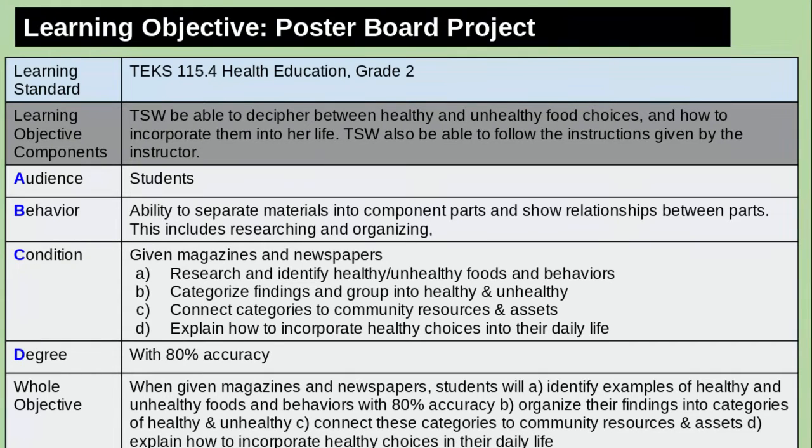The whole objective: when given magazines and newspapers, students will A, identify examples of healthy and unhealthy foods and behaviors with 80% accuracy. B, organize their findings into categories of healthy and unhealthy. C, connect those categories to community resources and assets. D, explain how to incorporate healthy choices in their daily life. Next slide.